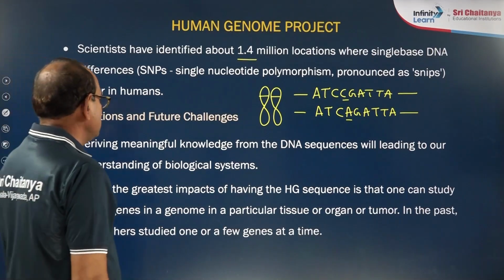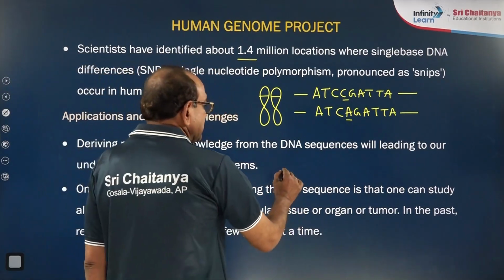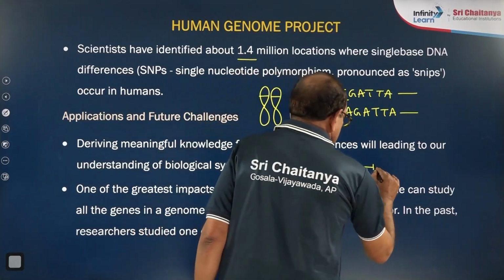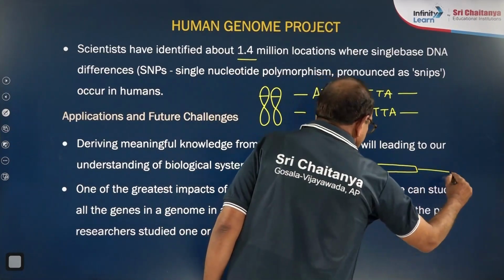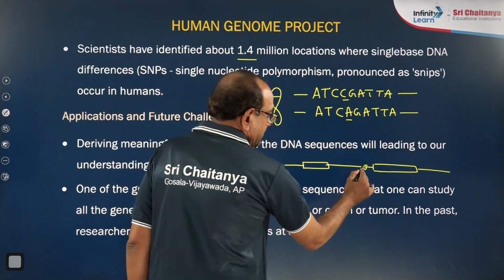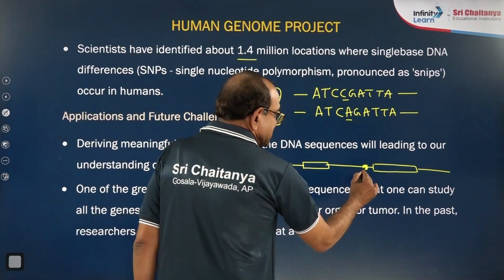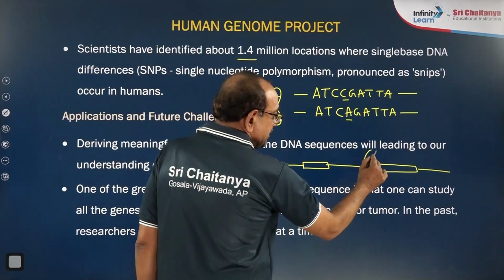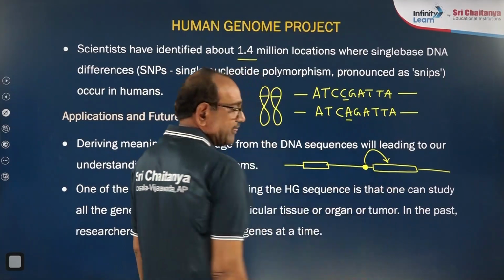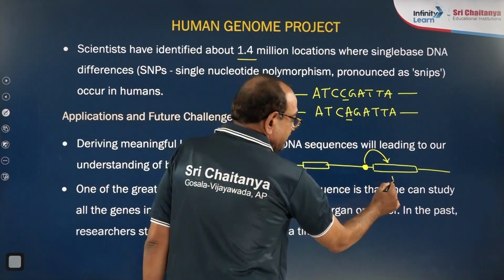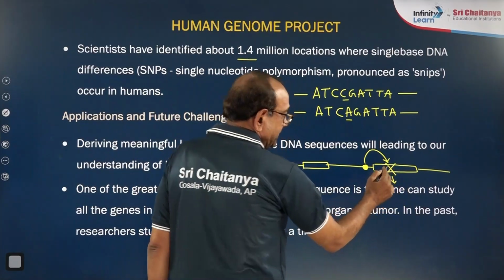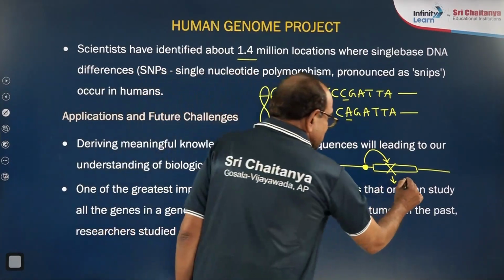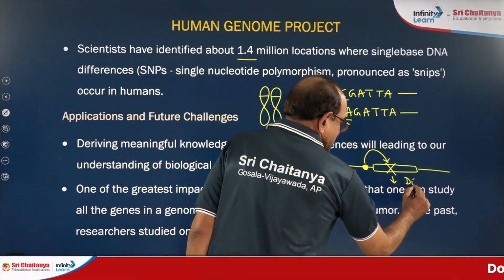What is the significance? These SNPs are present in between the genes. Suppose this is a SNP. The significance of this SNP is that it affects the functioning of a nearby gene so that the gene may not function properly. If a gene is not functioning properly, it results in certain genetic disorders and diseases.